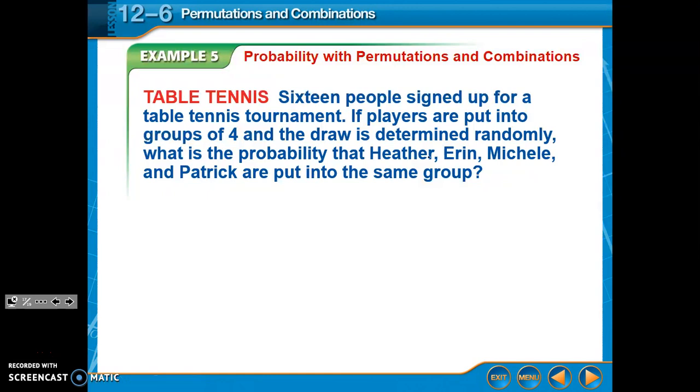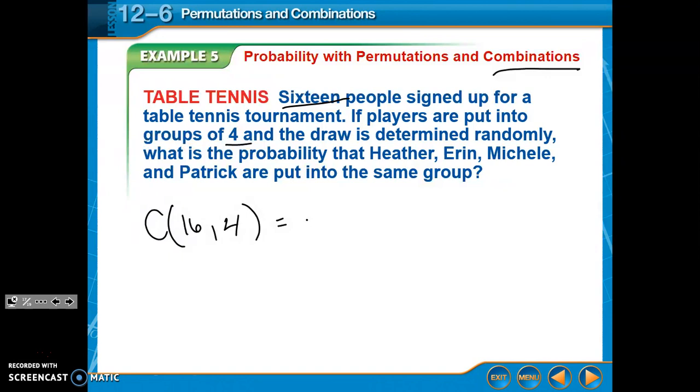So in this case, it's going to be a combination, which means I want to use the formula nCr, n choose r. How many do I have to choose from? We have 16 people, and I want to know specifically those groups of 4. So now I want to determine the number of combinations you can have where you make groups of 4 from 16 people.